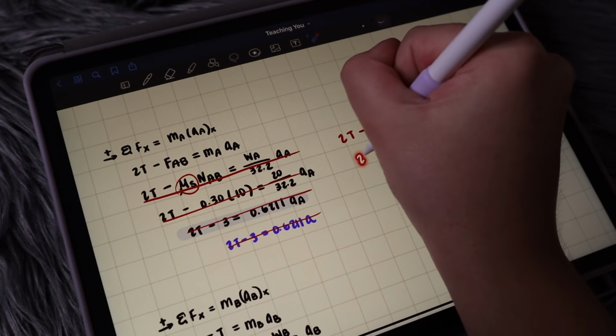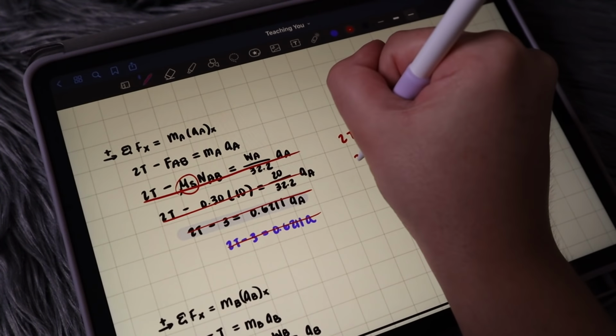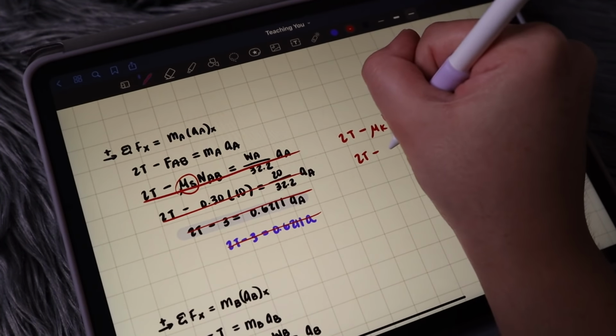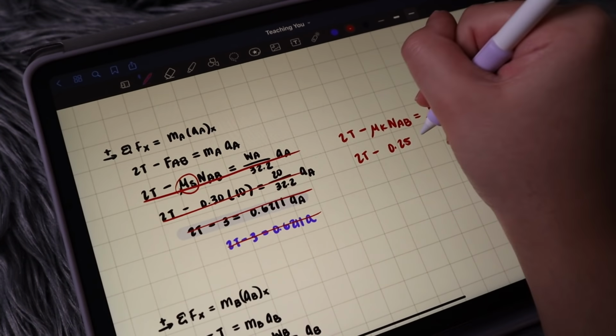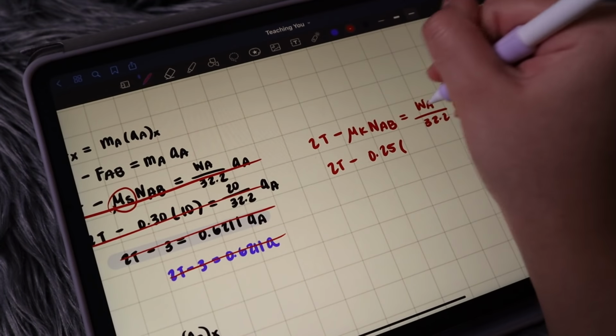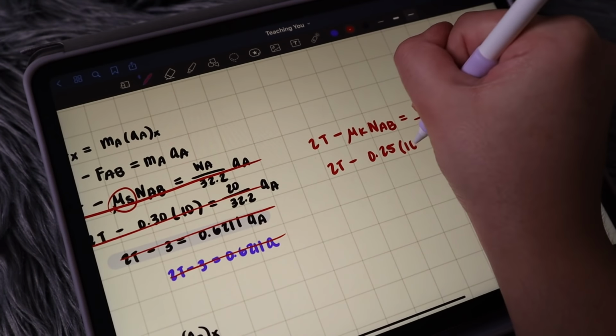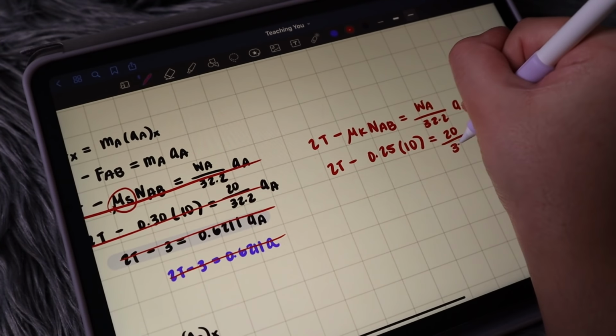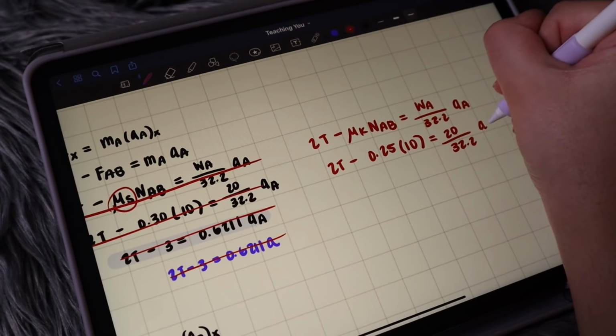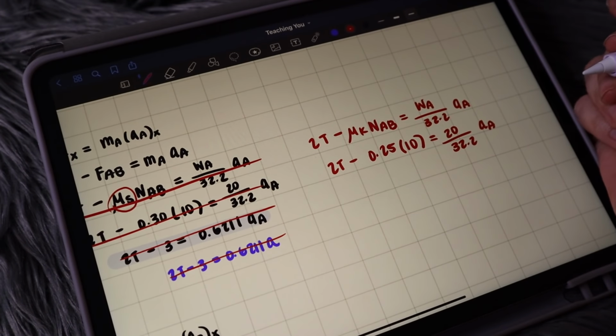So we have 2t minus 0.25 because this is the coefficient for kinetic friction. Your normal force is going to stay the same. Your weight is going to stay the same as well. So that's 20 over 32.2. And then we don't know that acceleration.